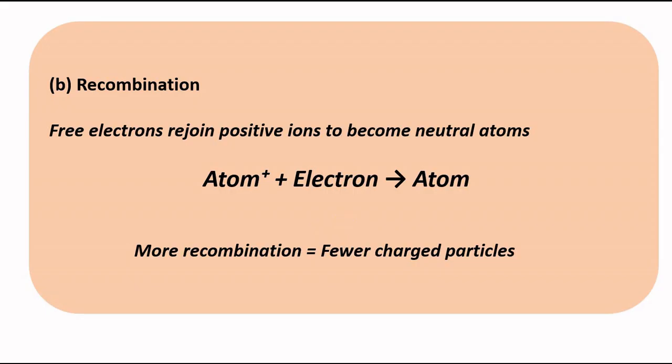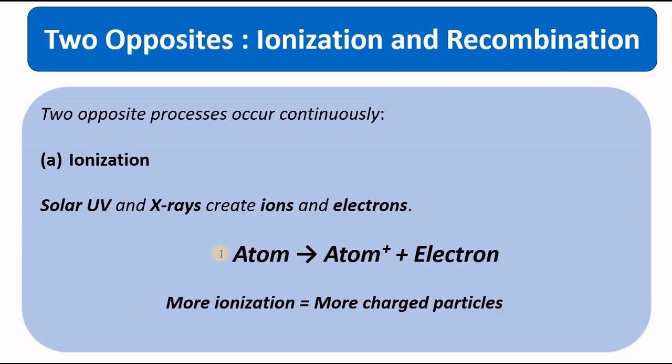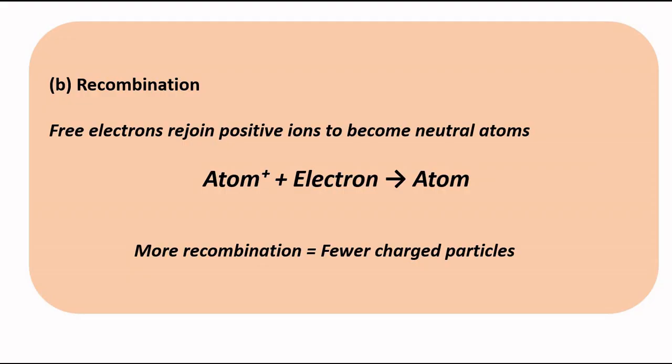So more ionization means more charged particles, more positive ions, more free electrons, and more recombination means there will be fewer charged particles. So there is always a balance between the amount of ionization and the amount of recombination happening.